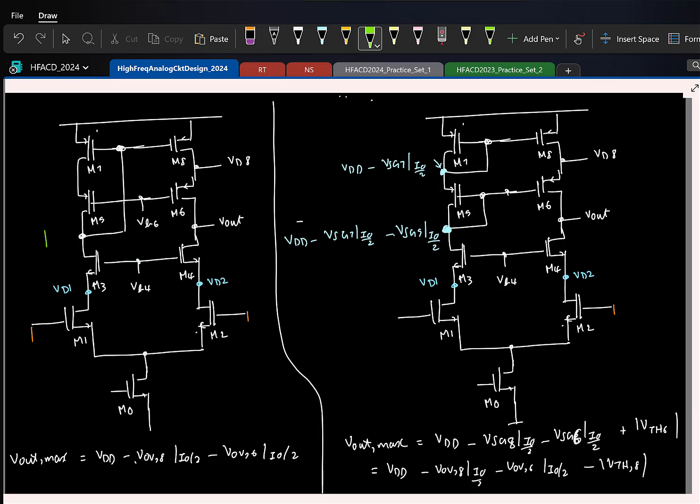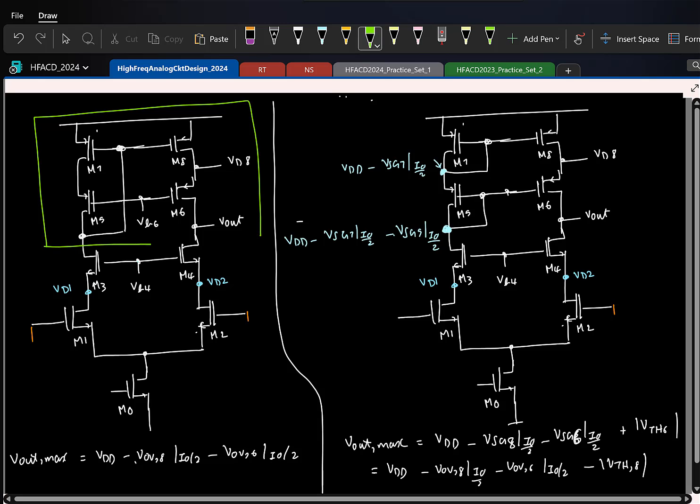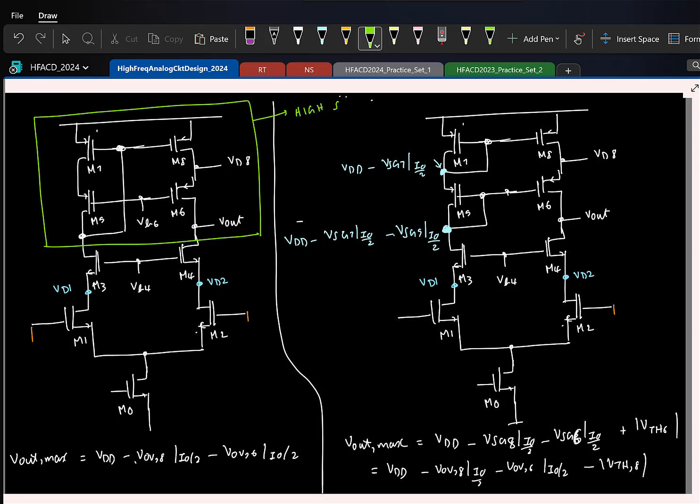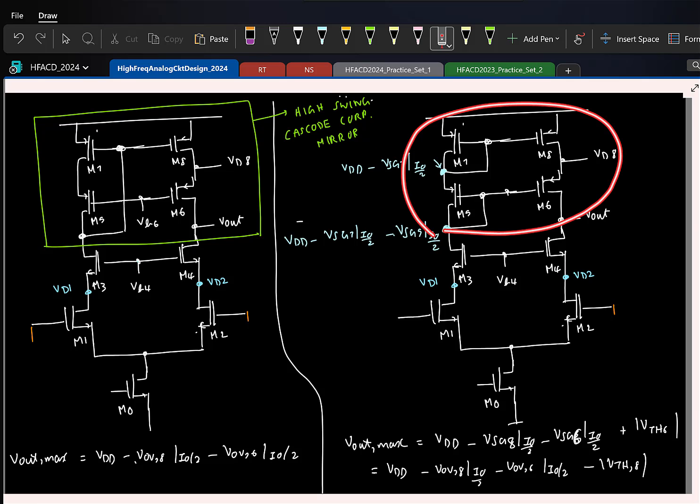So for this reason, this portion here is often called the high swing cascode current mirror. Remember that if I don't have this guy here, it is a normal current mirror, right? The moment I add this extra transistor, I am doing cascoding. This is also a current mirror with a cascode. You can have two variants of a cascode current mirror, but the one on the left provides a higher swing. That's all.